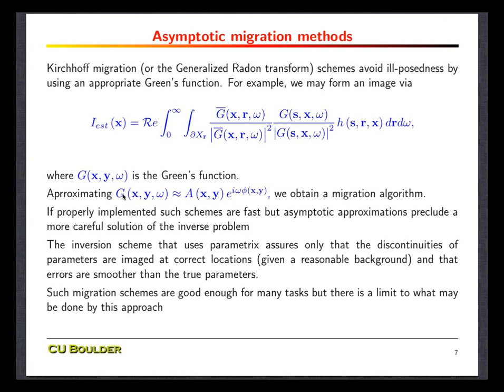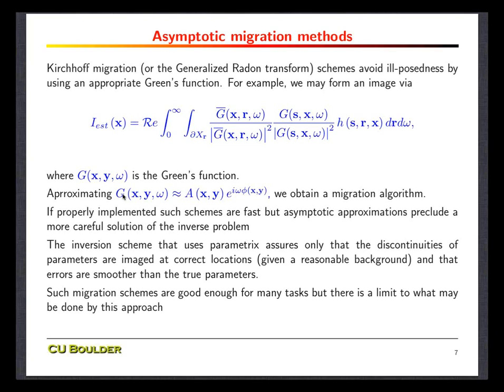I could have written it without these denominators and without this function h. It will also produce an image, but then there would be variations in intensity within the image. So to compensate, those factors are introduced. H is a certain Jacobian.